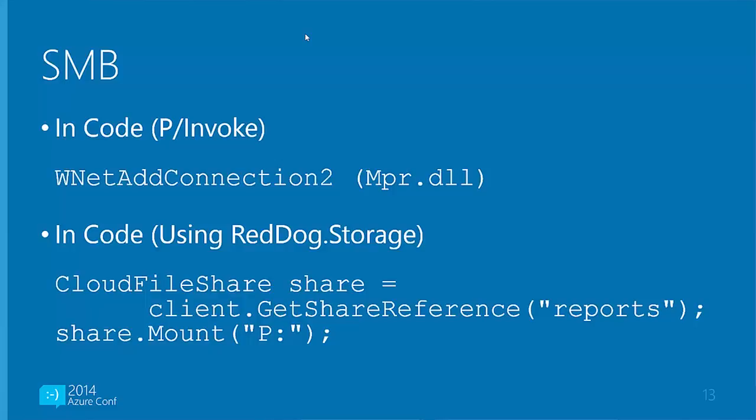You could write some vanilla P/Invoke code to mount a shared drive, or you could use the library, which is also available on NuGet. This library is called Rada.Storage, and this gives you an extension method on the CloudFileShare object, which easily allows you to map a drive letter to an Azure file share.